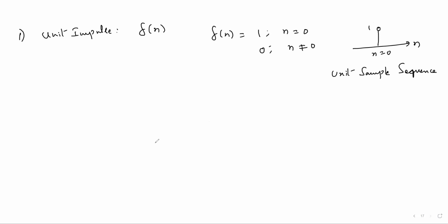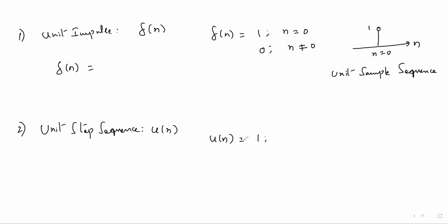signal or sequence. And del of n can also be represented in terms of u of n here. First I will introduce u of n, unit step sequence. Here u of n, definition same, u of n value is 1 right hand side and 0 left hand side.